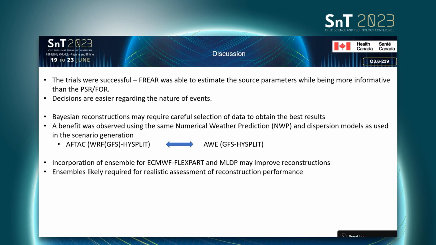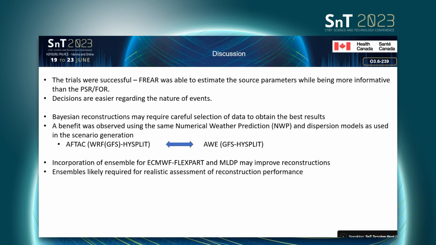So to evaluate this in a more quantitative way, we might need to look at doing ensembles. That may actually get you a more accurate representation of how the code is actually working, to compare when you're not using the same meteorology in the forward mode as the backward mode. And that is the end of my talk.